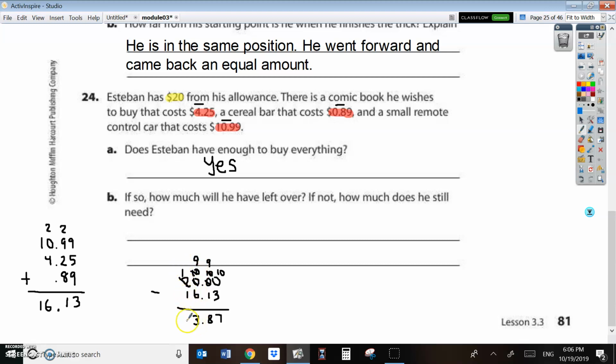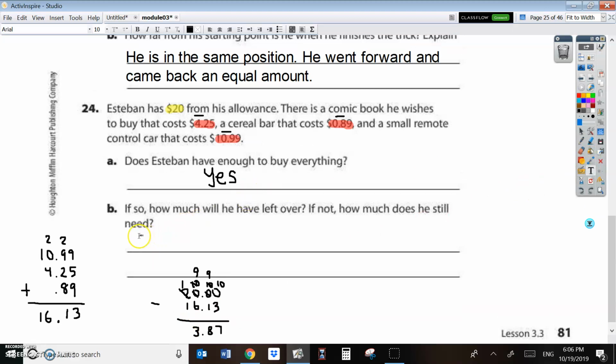And 1 minus 1 is 0. So he has enough money and will have $3.87 left.